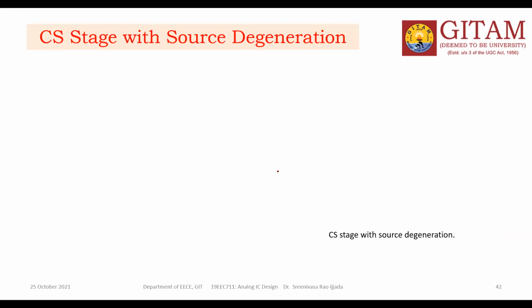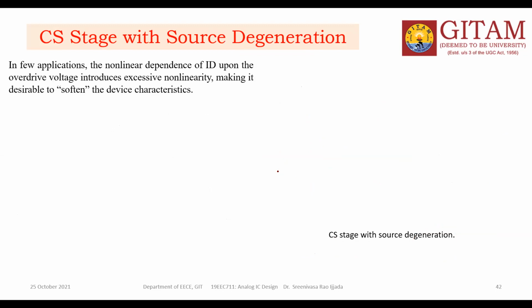The last one of the CS stage is the CS stage with source degeneration. In a few applications, the non-linear dependency of ID upon the overdrive voltage introduces excessive non-linearity, making it desirable to soften the device characteristics. The ID value depends on the VGS, the input voltage.